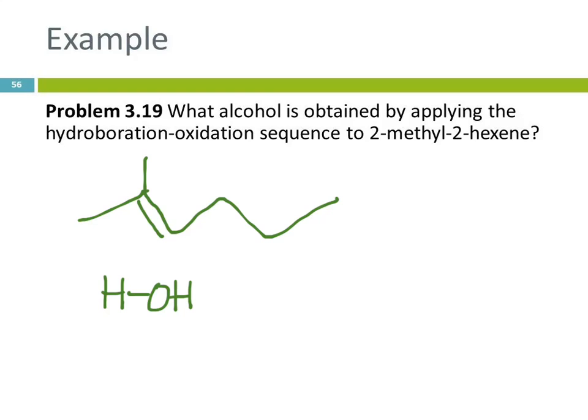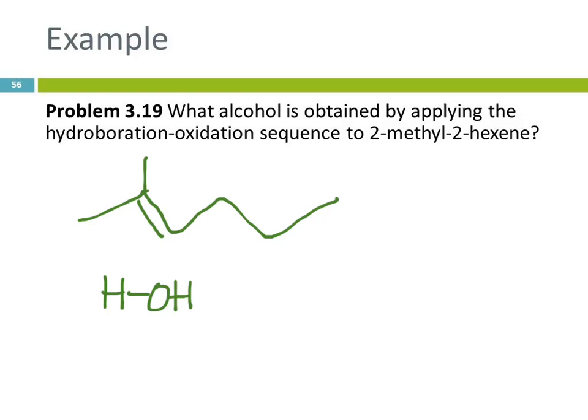So I think the best approach is to say, okay, what would a Markovnikov addition be? Well, the hydrogen is going to add to the carbon that has the most hydrogens. How many hydrogens does carbon number 2 have? It has none. How about this one? It's got 1. This carbon has 1 bond, 2 bonds, 3 bonds.